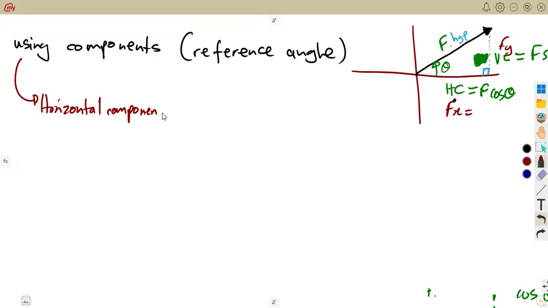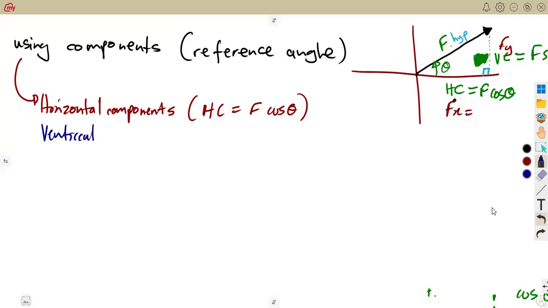So as for the horizontal components, they carry what? Cos. So they will be given in the form of cos. Horizontal will be in the form of F cos theta. I'm going to explain more about the reference angle there. Then the vertical component.